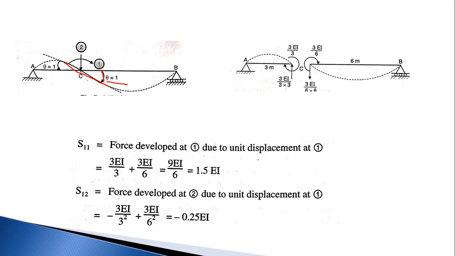So we consider it positive, that is, 3EI by L. For the AC portion, the moment is clockwise and the rotation is also clockwise, so both directions are the same and it is also positive. L for AC is 3 and for BC is 6. So it becomes 3EI by 3 plus 3EI by 6, which is equal to 9EI by 6. It becomes 1.5 EI. So this is the first column.